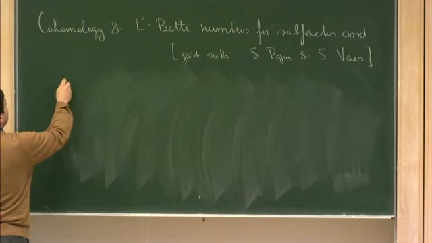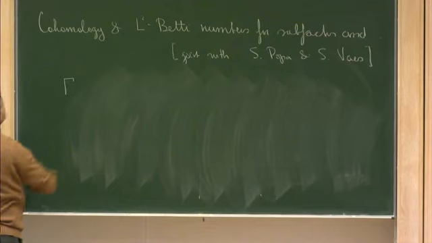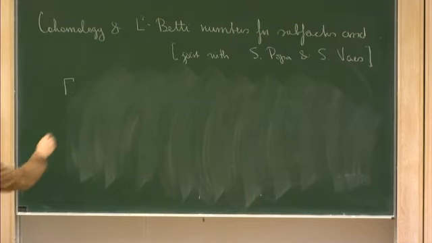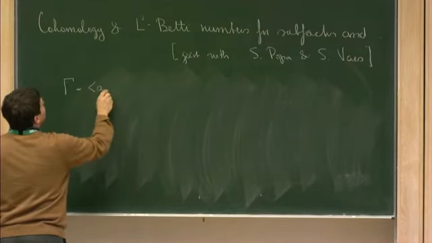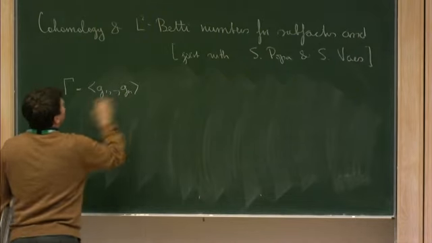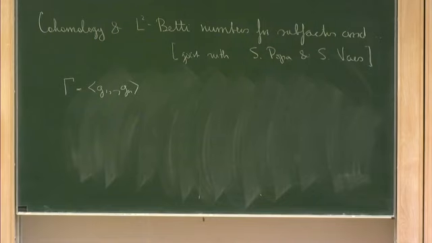Namely, if you start with a group gamma, which is generated by some elements g1, ..., gn, it is always possible to produce a subfactor that encodes this group.